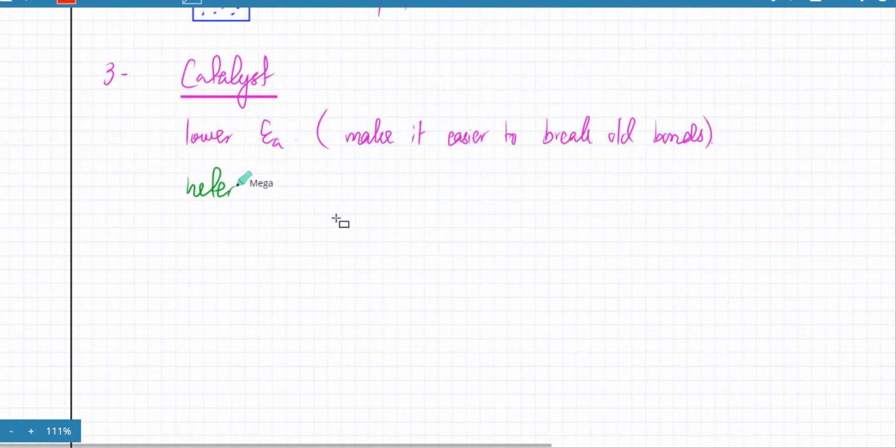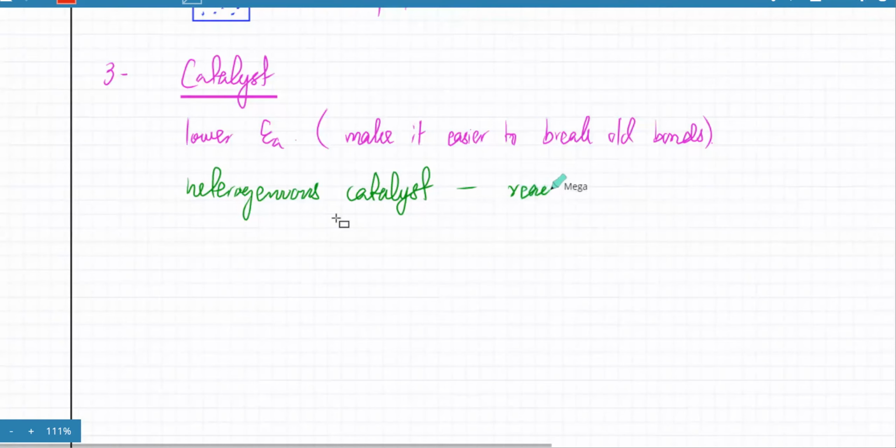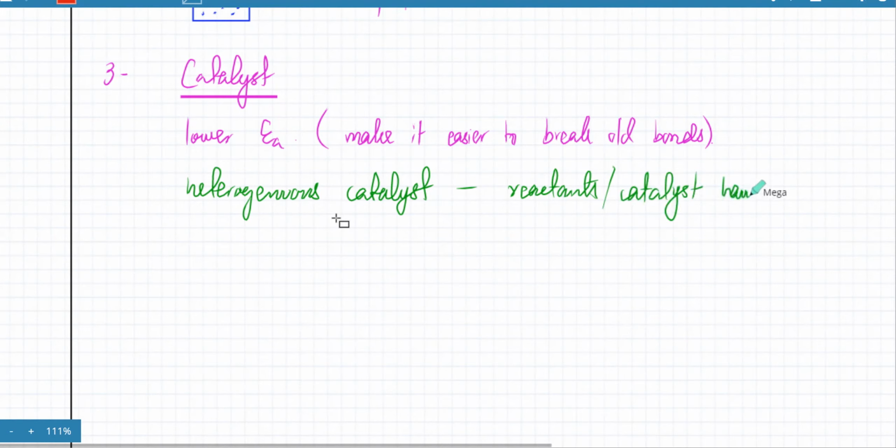So there is a thing called the heterogeneous catalyst, in which the reactants and the catalyst have a different state. They have different states.